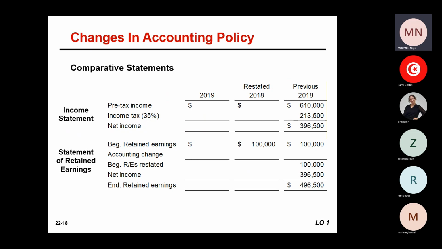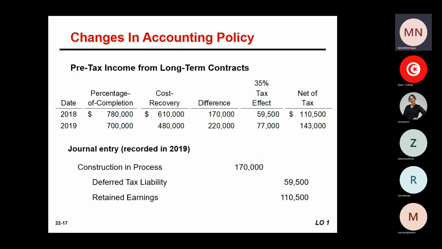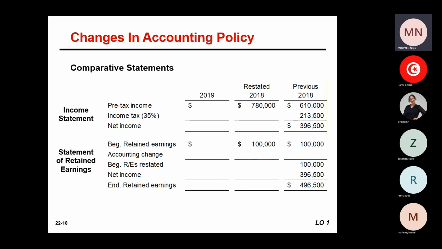Now, if we are restating, meaning if we are applying the percentage of completion method to that 2018 year, what will be my pre-tax? It is different, of course. As it is said here, it is 780, so I have 780 as pre-tax income. If I apply the 35%, I will have higher income taxes, so it is 273.